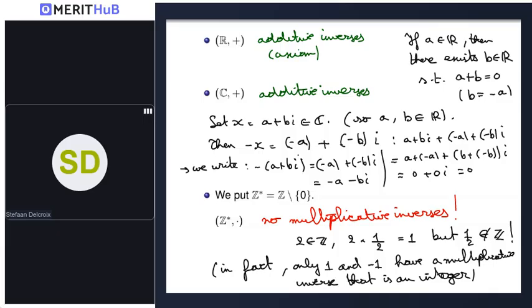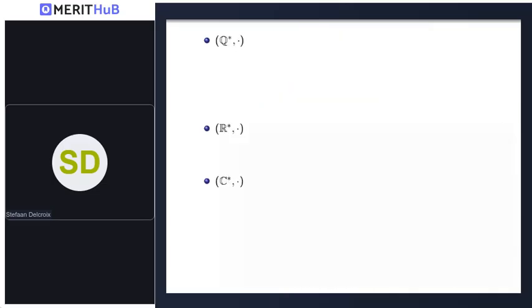The integers under multiplication. We've seen already a couple. Matrices under multiplication, not commutative. Integers under multiplication, you have no inverse. However, for all the others, it works out. If you look at the rational numbers, kicking out 0, we have inverses. We have multiplicative inverses.